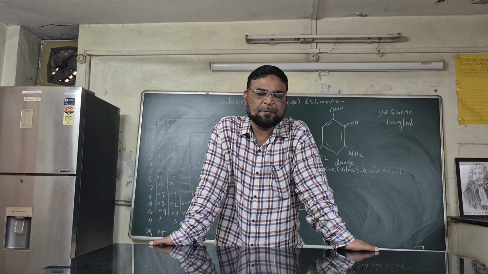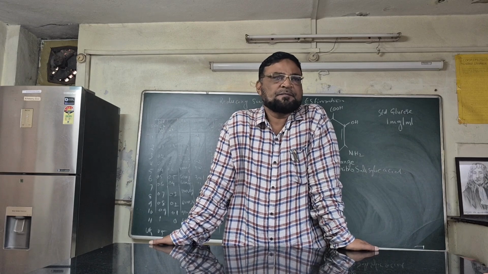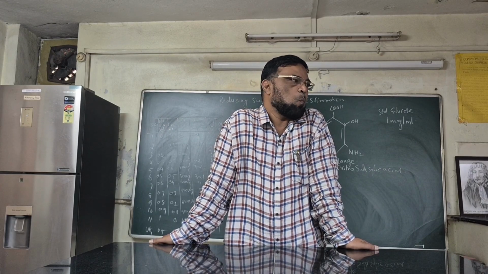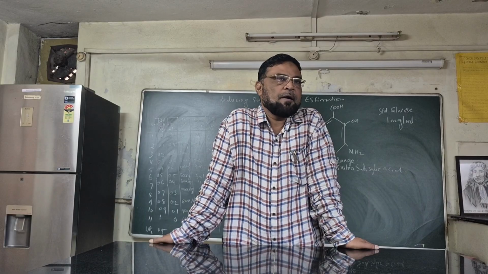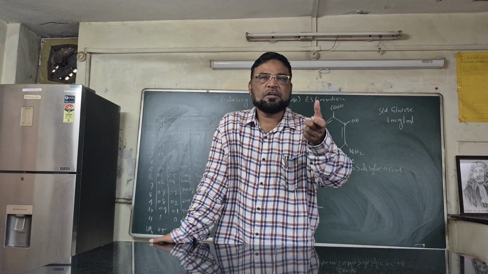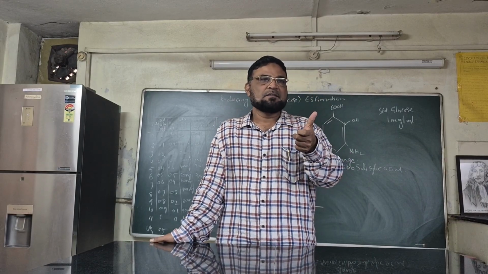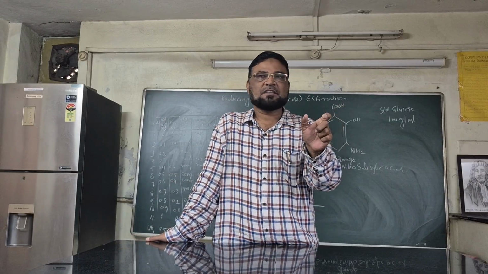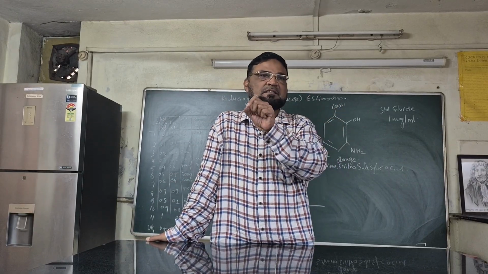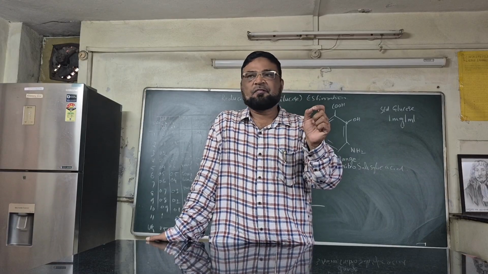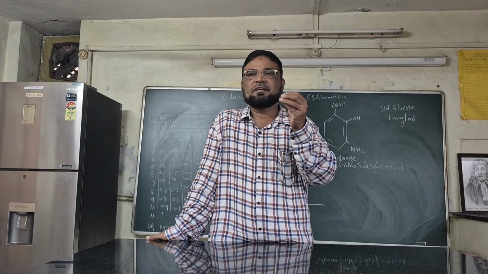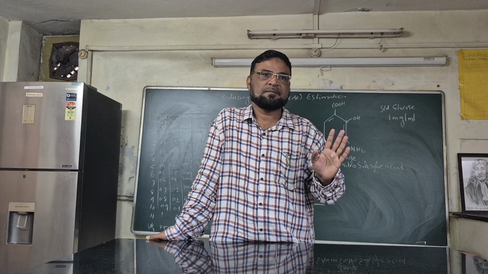This is the principle of working of this colorimeter. If you are using a single beam of light, same wavelength, and the path length of the light passage is made constant, L is constant, then the absorption of light is directly proportional to the concentration of the substance under test.